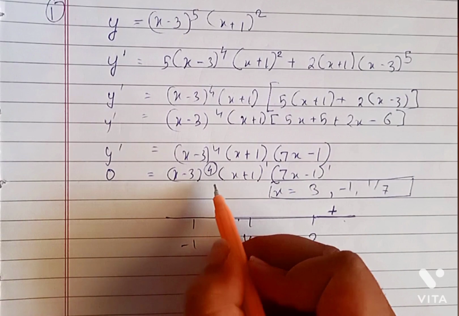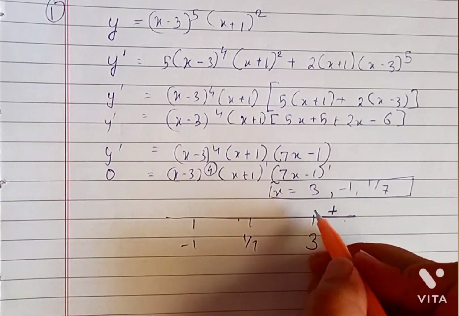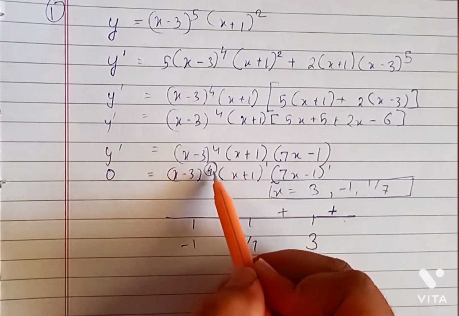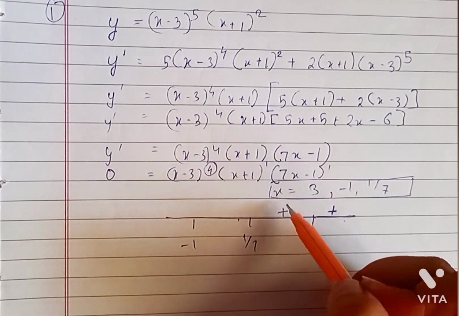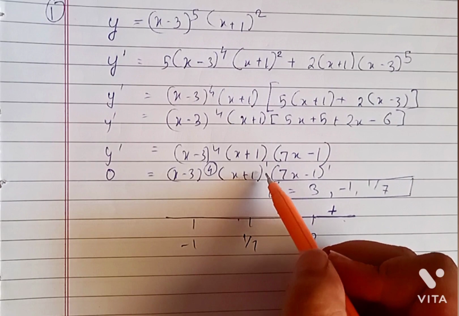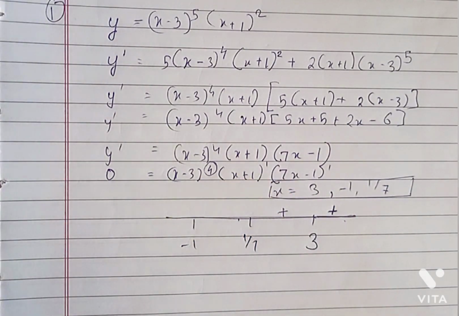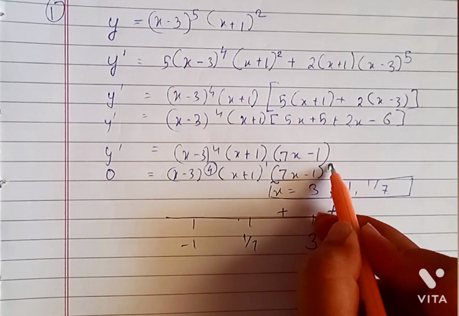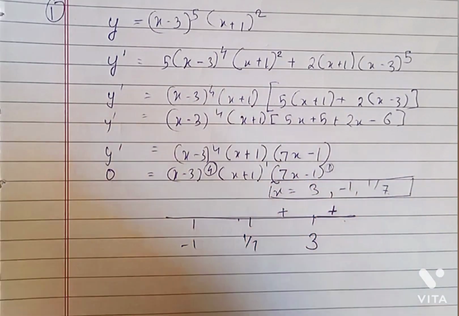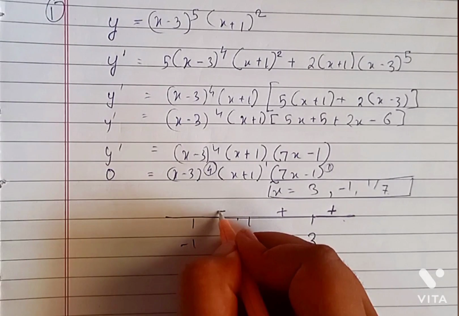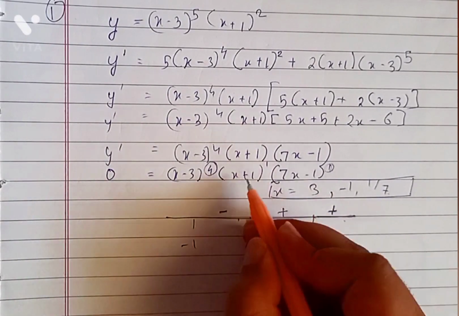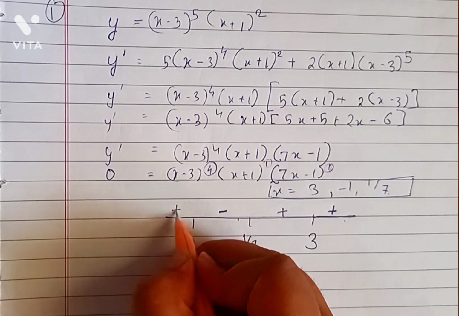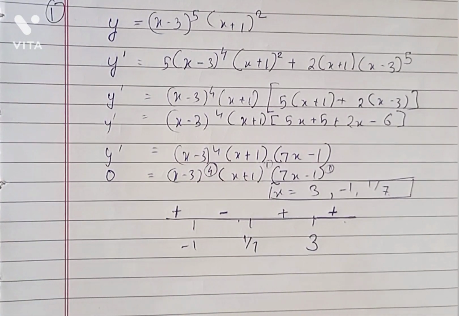Now if the power is even, the sign will not change over here, and if the power is odd, then the sign will change. Now next is 1 by 7. So for 1 by 7, the power is 1, so it's odd, so the sign will change. Next is minus 1. For minus 1, its power is 1. So again it's odd, so the sign will change. And this is your wavy curve method.